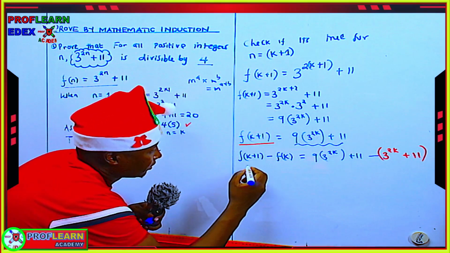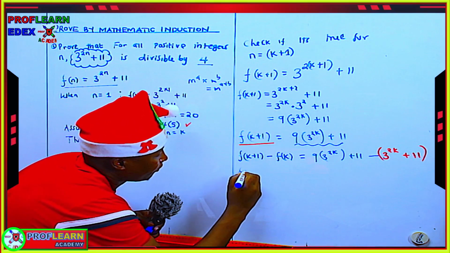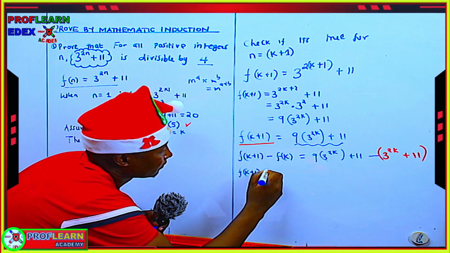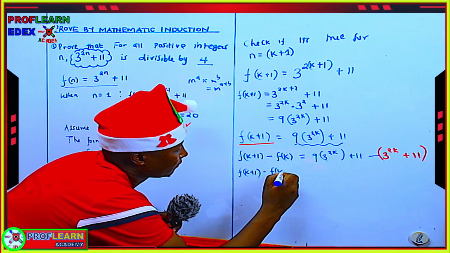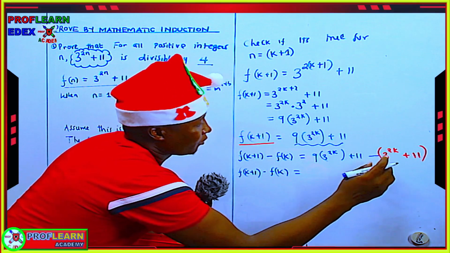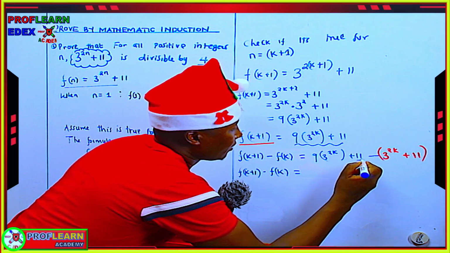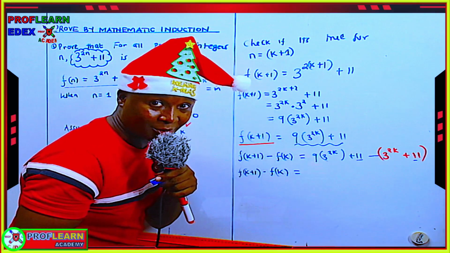Upon subtracting, we have f of k plus 1 minus f of k equals, if you subtract this and this, you see 11 will cancel out.